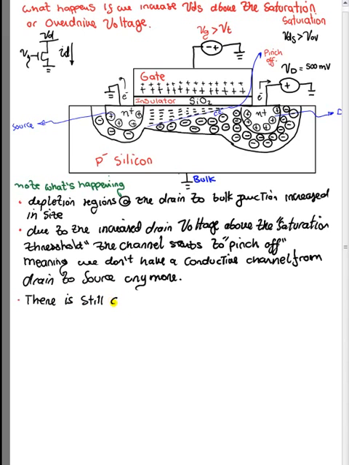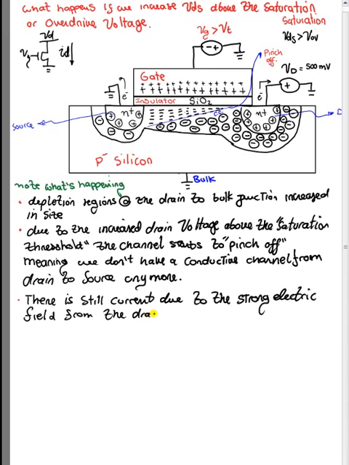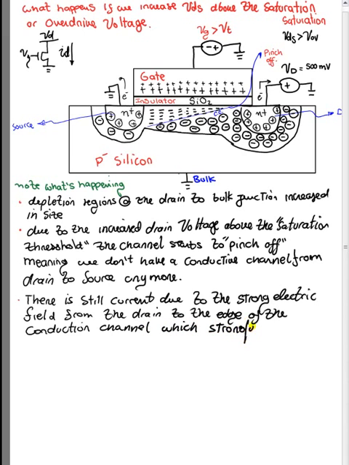Still current due to the strong electric field from the drain to the edge of the conduction channel, which strongly sweeps electrons towards the source. Okay.